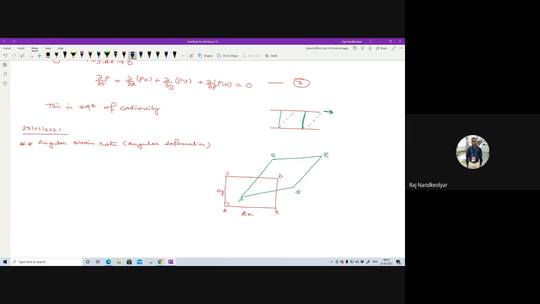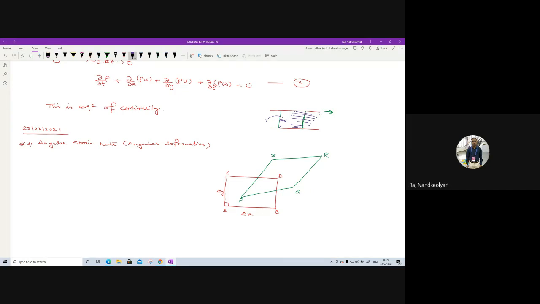Okay, because of the viscosity, the upper layer will move, whereas the lower layer, because it is stationary, will not move. So in that case, the new position of the fluid element will be like this. So you can see what kind of deformation is there. The new shape is just like a parallelogram.